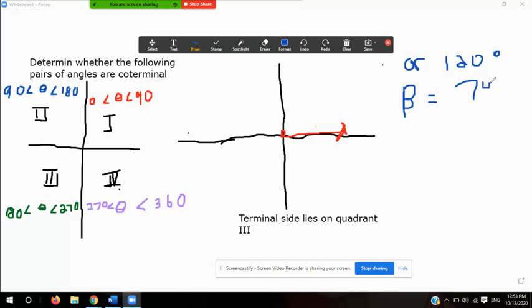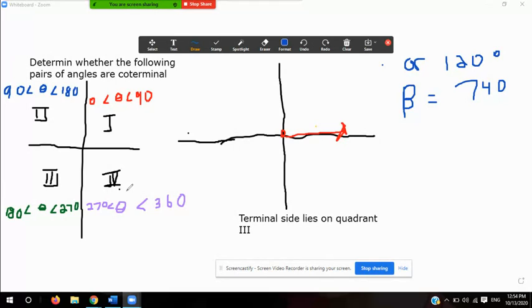Now, let's understand one thing. In a rotation, whether clockwise or counterclockwise, a full rotation is 360 degrees. So we have 740, and obviously that means that the angle rotates more than once.